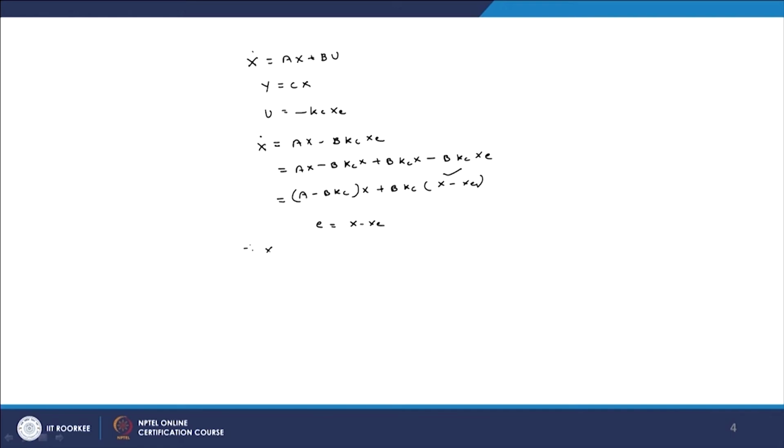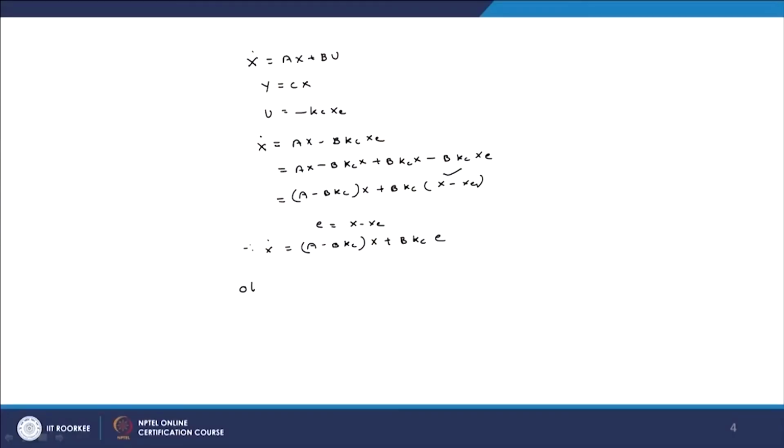Therefore, we will get x dot equal to A minus B KC into x plus B KC E. These are the equations which we have obtained from the given observer state feedback block diagram, based on the control law.